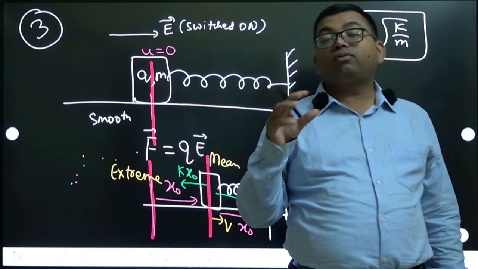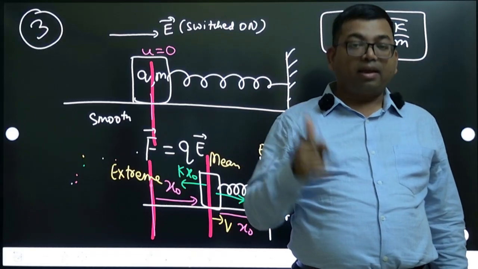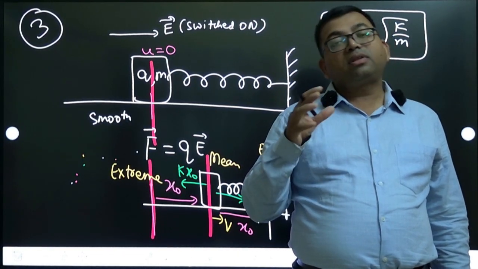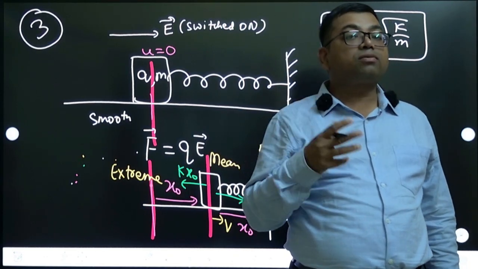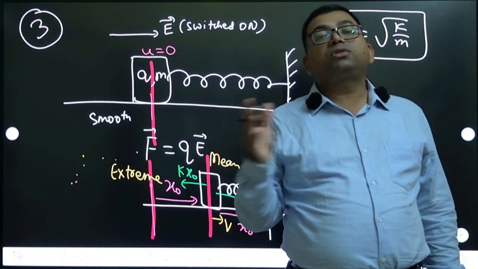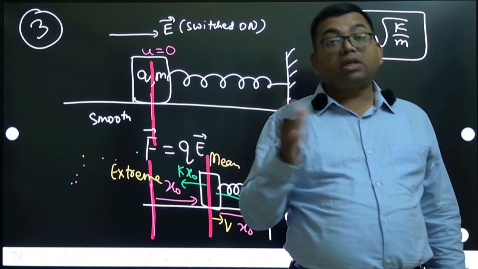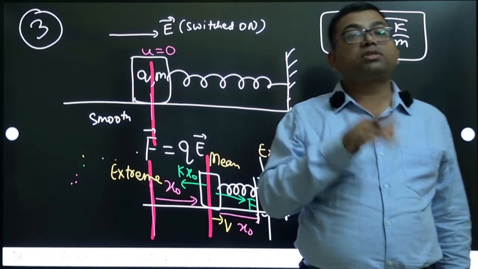Whenever the applied force in a spring block system is a constant force, the mean position changes, the equilibrium position changes, right?